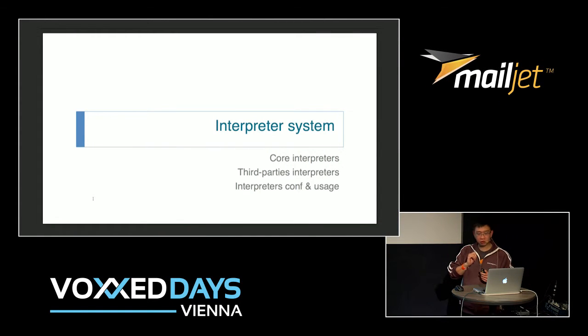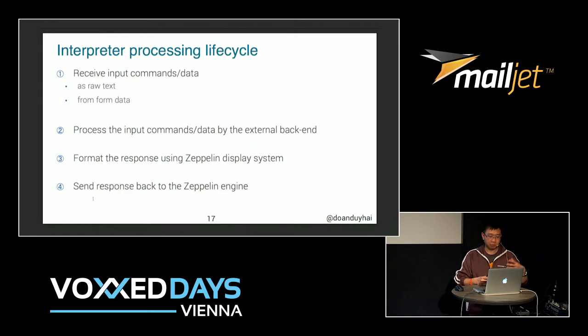Now let's focus on the core of Zeppelin, the biggest feature of Zeppelin compared to other notebooks. This is the interpreter system. As you can see, all the job is done by interpreters because Zeppelin itself is just a proxy. The idea is you input some source code, which is a bunch of raw text.